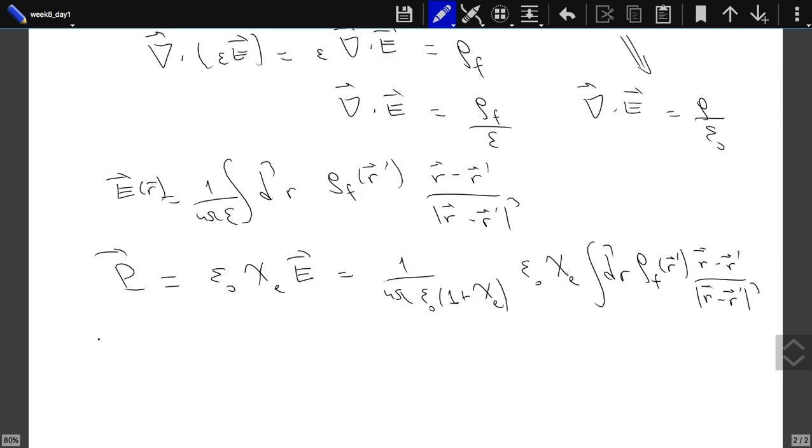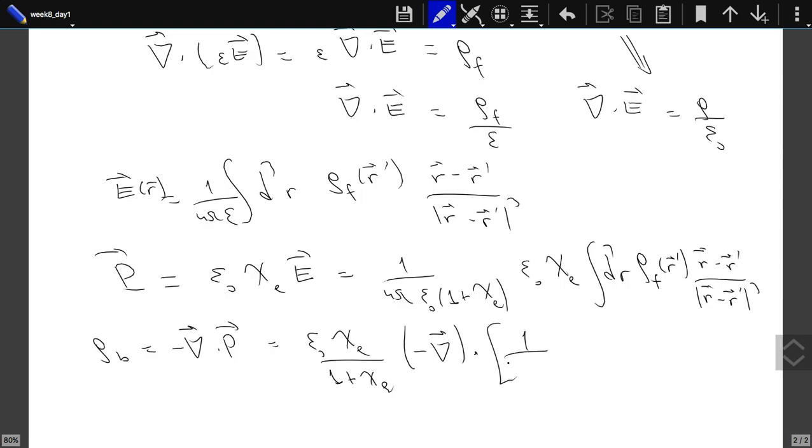Now, the bound charge due to this polarization was defined as minus the divergence of the polarization. But this is equal to epsilon 0 chi e divided by 1 plus chi e, times minus the divergence of 1 over 4 pi epsilon 0, integral d cubed r prime rho free times r minus r prime over the absolute value of r minus r prime cubed.